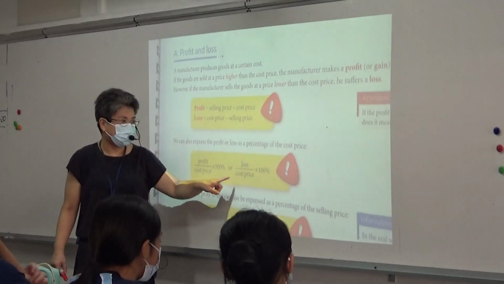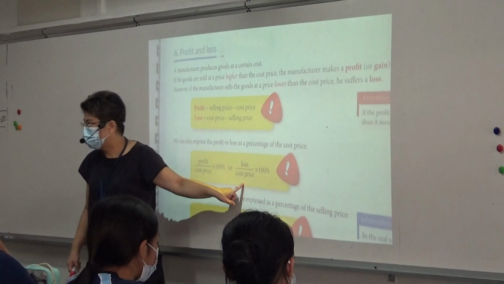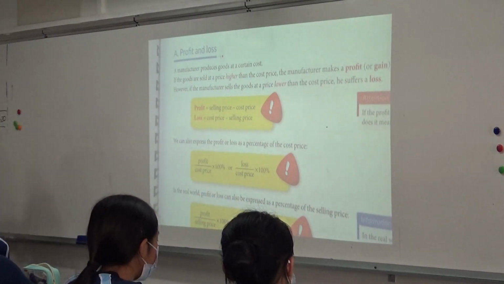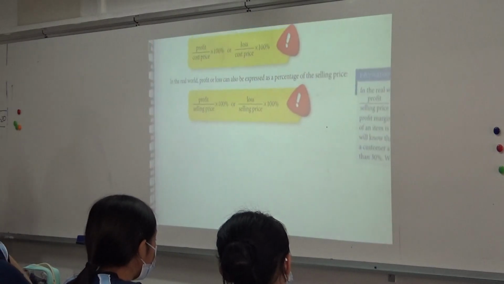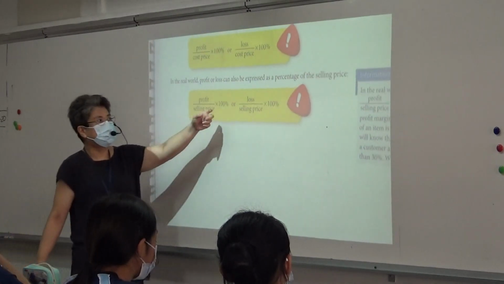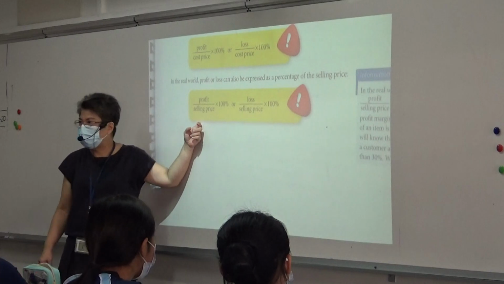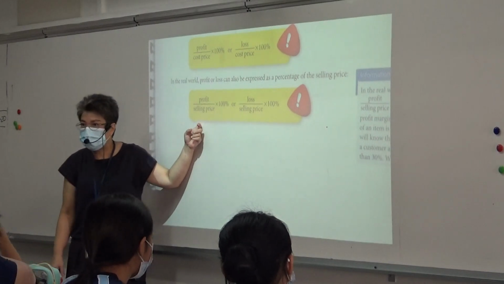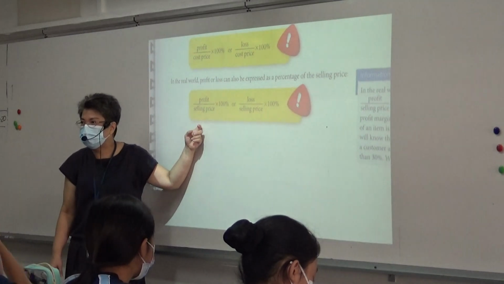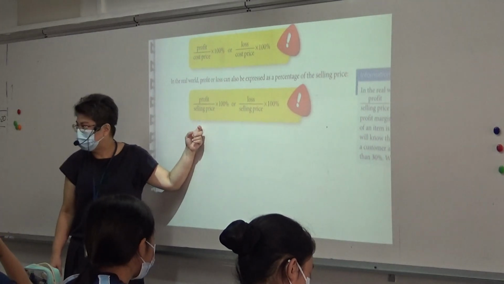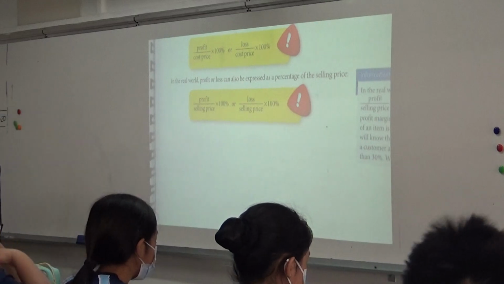It's always about the cost price. Understand? Unless the question wants you to express the profit or loss with respect to the selling price, then that's another issue. Everybody okay? But to calculate profit or loss is always upon the cost price. Okay? Alright, now next page please.